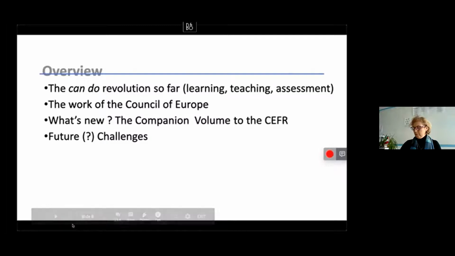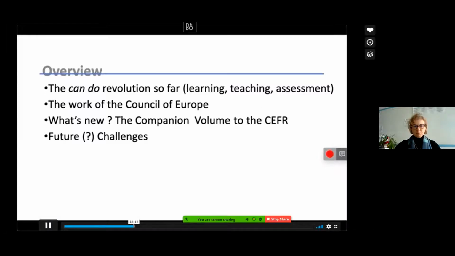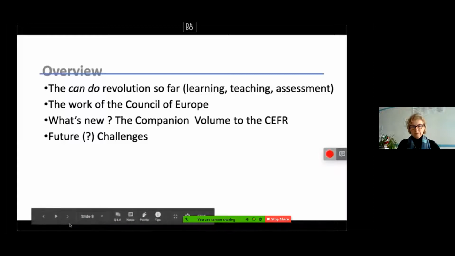And the Common European Framework was published by the Council of Europe in the year 2001 and was very much taken up by professionals in Europe who seemed to need an instrument that would allow them to describe how to teach, how students could learn, and how students could be assessed.